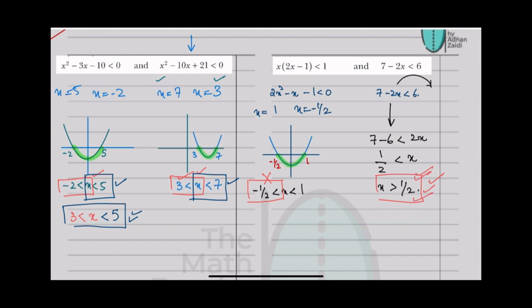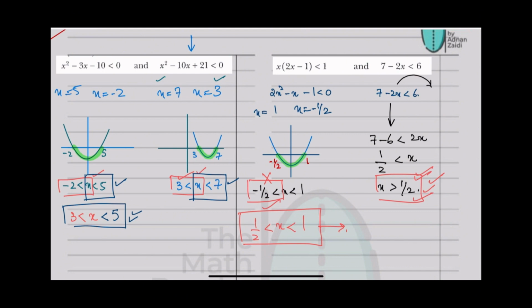But if I take this inequality, then this as well is going to be true, the reason being that x is greater than half means that x is greater than negative half as well. So I'll write 1 over 2 is less than x is less than 1. This is going to be my final answer.